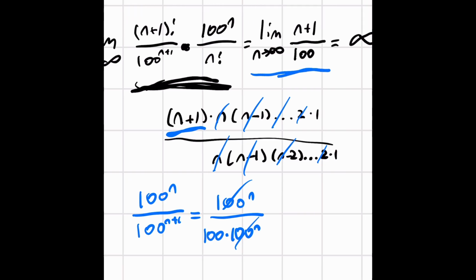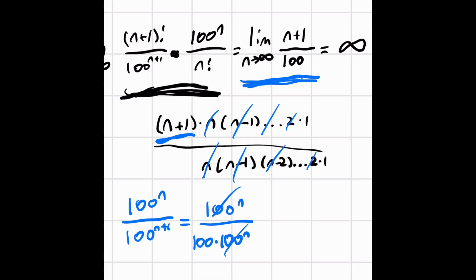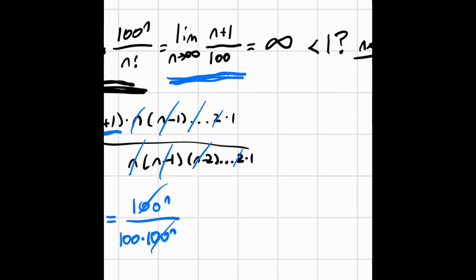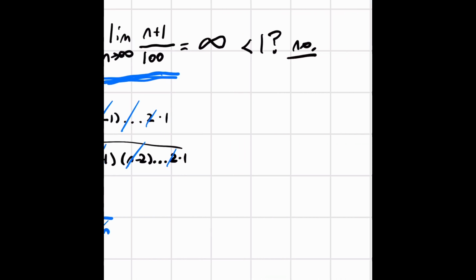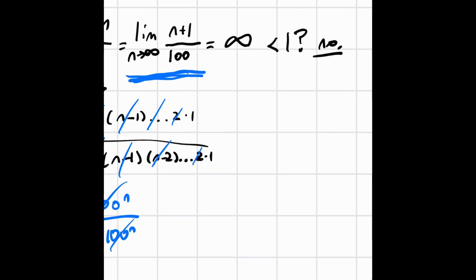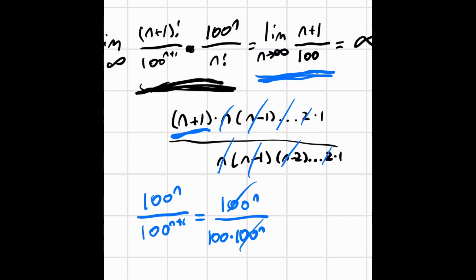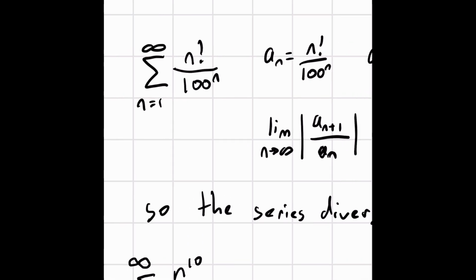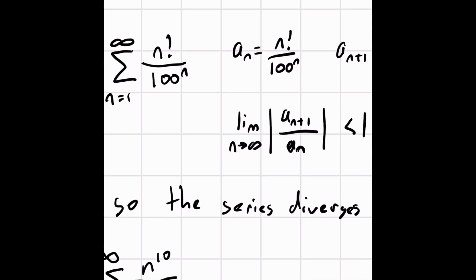You're just left with this expression, the limit as n goes to infinity of n plus 1 over 100. Now the numerator is going to blow up to infinity, the denominator is stuck at 100, so this whole thing is just going to blow up to infinity, and we ask, is this limit going to be less than 1? No. So this does not converge absolutely, and because these terms are already positive, it just has to diverge.